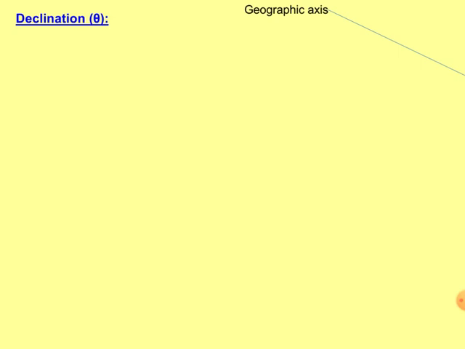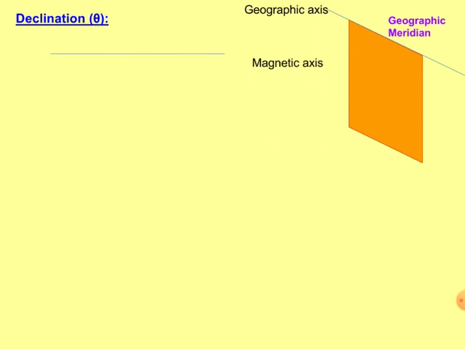A vertical plane passing through this, or parallel to this, we call the geographic meridian, right? Another axis is known as the magnetic axis. That axis passing through Earth's magnetic south pole and magnetic north pole, we call the magnetic axis.